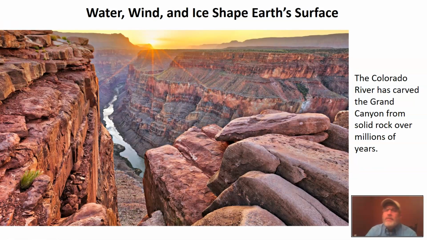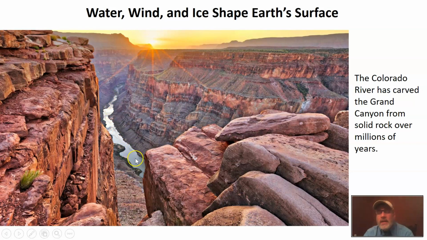So guys, try to keep in mind that through weathering, erosion, and deposition, these agents, water, wind, and ice, cause drastic changes over long periods of time to Earth's surface. If you've ever visited the Colorado River, I think there's no better place to get a feel for how powerful these processes are. So this is the Colorado. This picture is of the Grand Canyon, and this is the Colorado River down in the bottom of it.